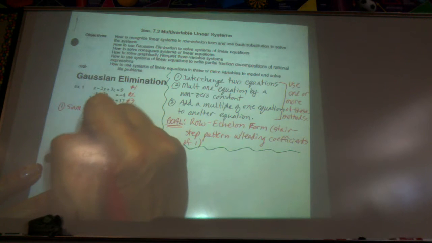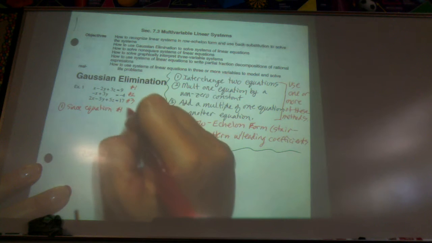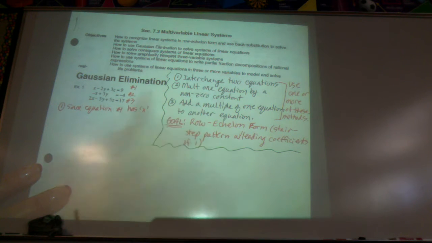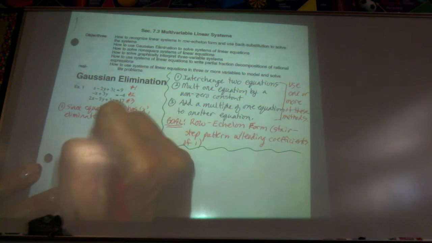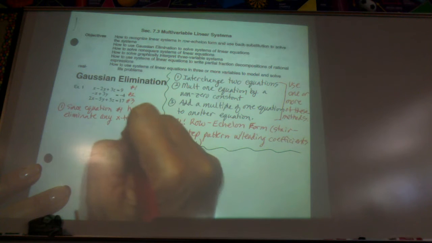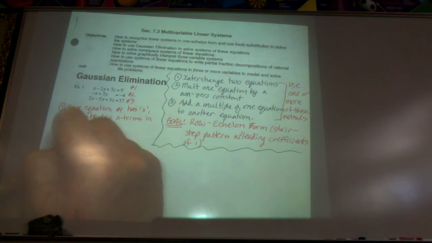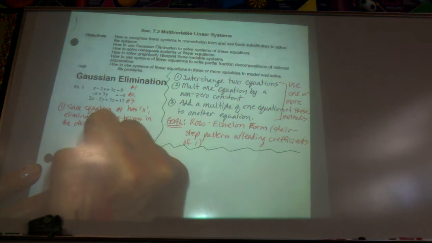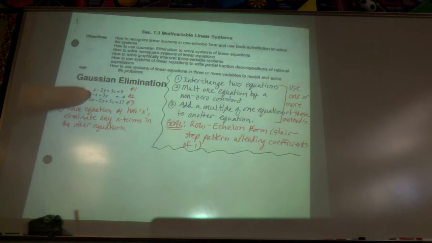Since equation number 1 has x, in other words, it's just 1x, coefficient of 1, eliminate any x terms in the other equations. So that's my first goal. I'm going to keep this x, but I'm going to eliminate this x and that x. That's my first goal.